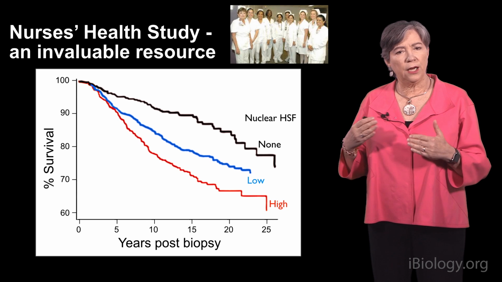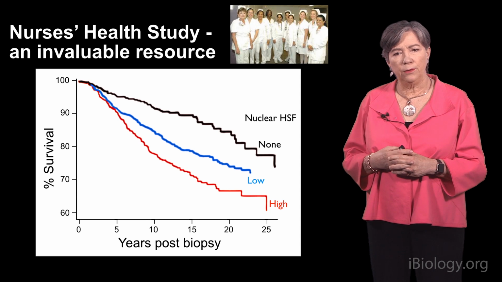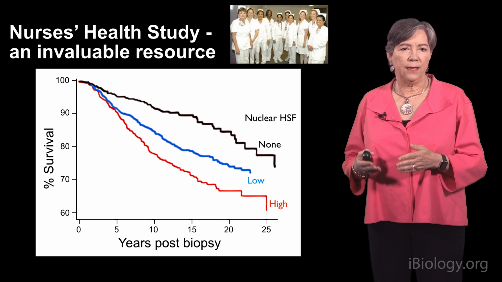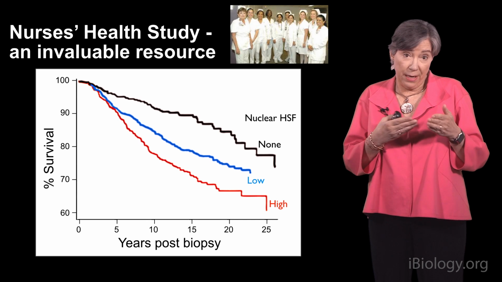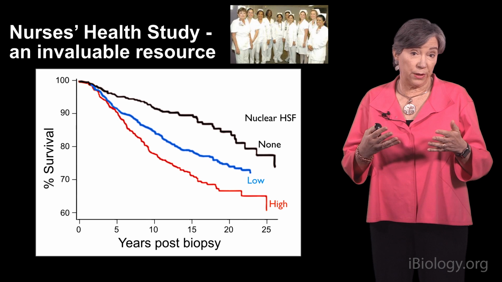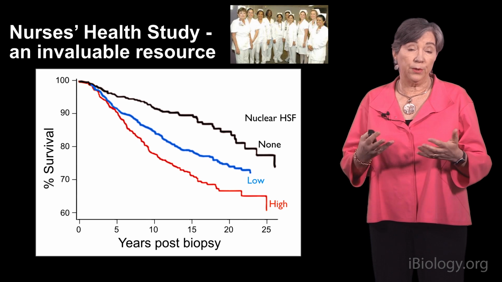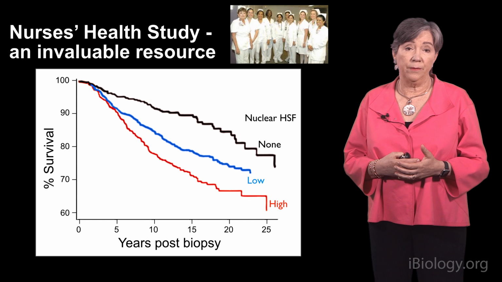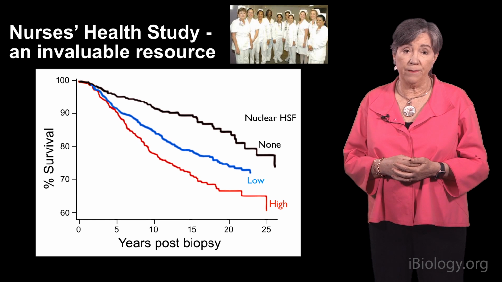To see such a large difference in survival strongly suggests that the heat shock response, when it was on in their tumor to begin with, helped those cancer cells to survive and helped to drive the malignant state in a very unfortunate way for them.